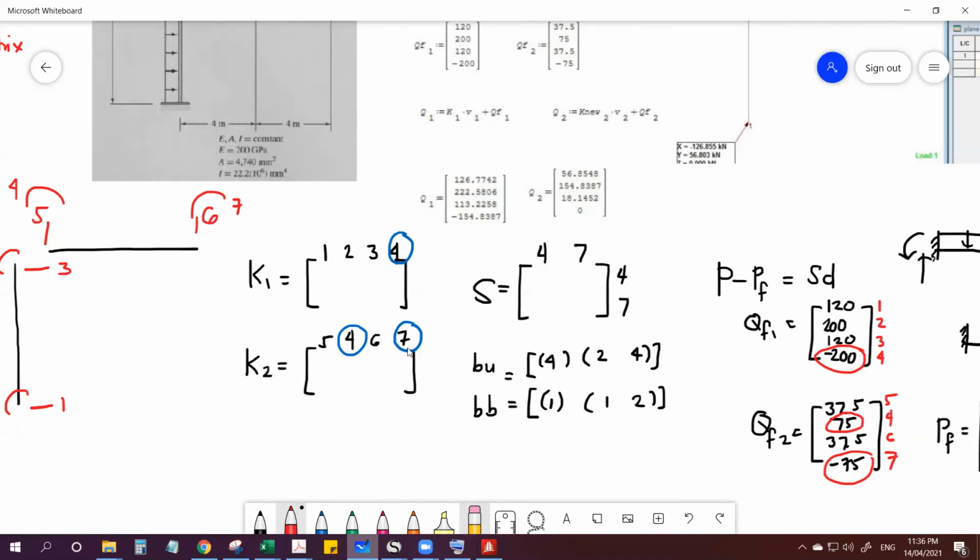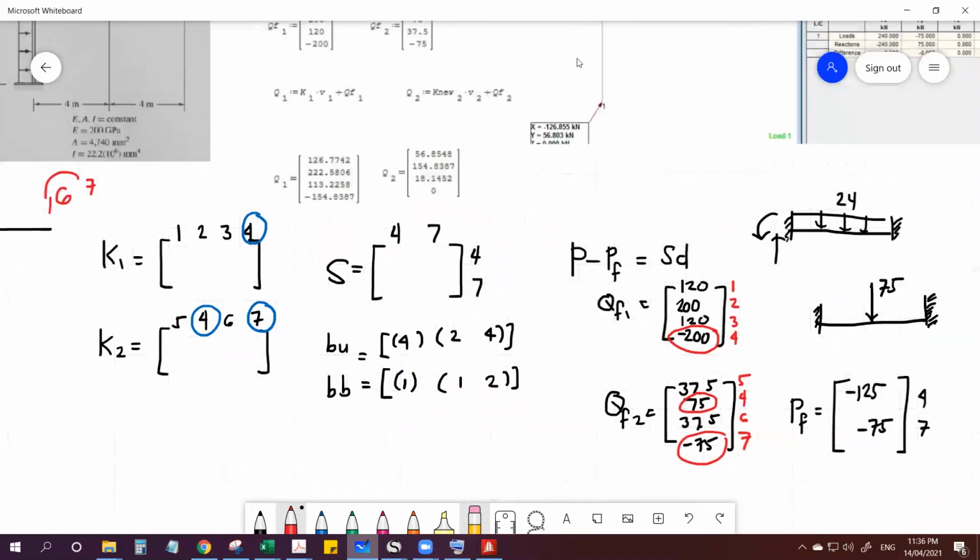It's on the second and the fourth. That's why 2 and 4. Now, what will be the destination of these encircled codes in our S matrix? The 4 is located on the first, so 1. And 7 is located on the second. So that will be 1 and 2. 4, 7, 1, 2.